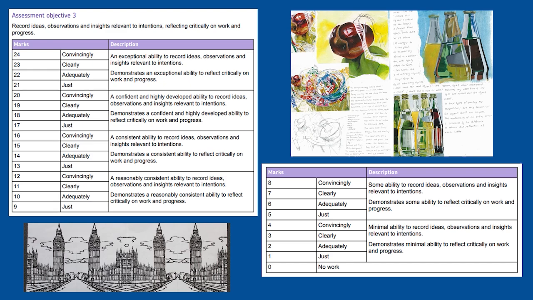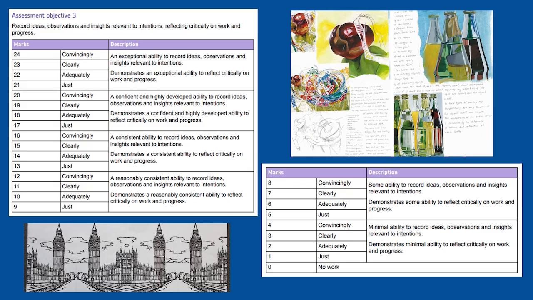Again, you can see through this mark scheme, and it will be really beneficial to look through these, at your own time and your own pace. We go from a minimal ability to record ideas, some ability, reasonably consistent, confident, and exceptional.